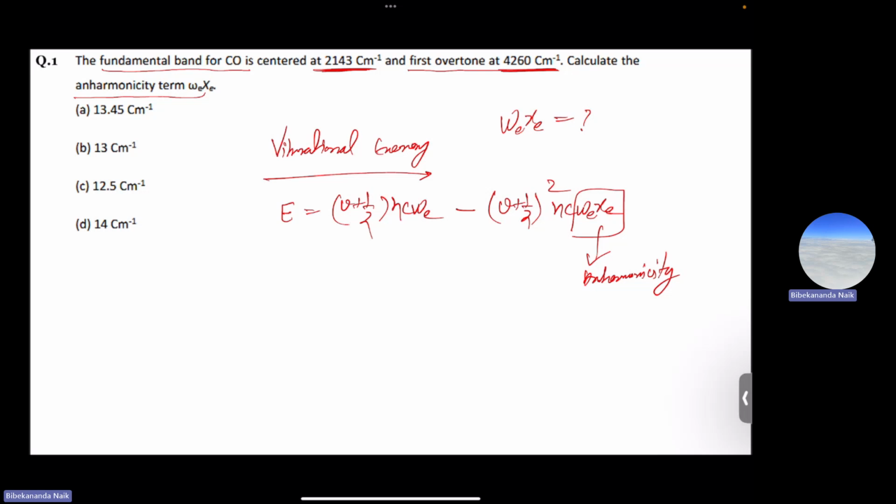And this omega e is called the vibrational constant.